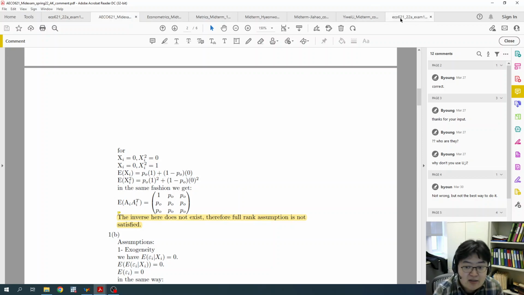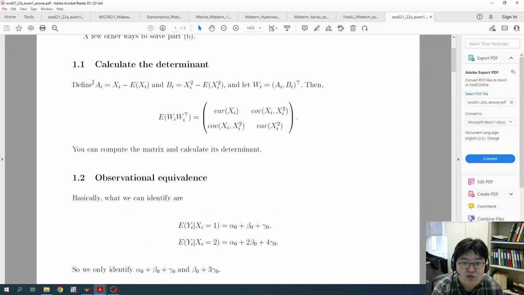The approach that I recommend is to demean the variables. Just remove the mean, make everything mean 0, and then it becomes a 2 by 2 matrix. And a 2 by 2 matrix determinant is much easier to calculate.